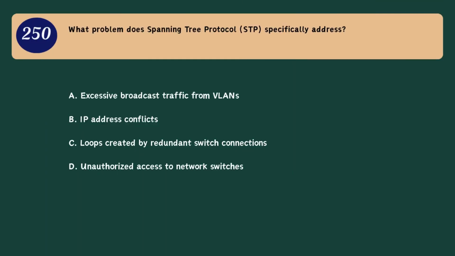Question 250. What problem does spanning tree protocol specifically address? A. Excessive broadcast traffic from VLANs. B. IP address conflicts. C. Loops created by redundant switch connections. D. Unauthorized access to network switches.